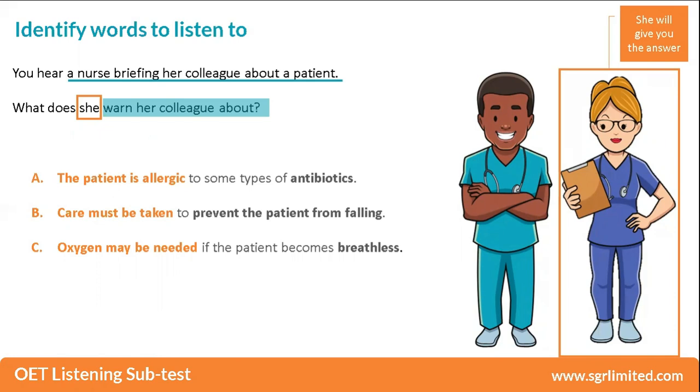Now, in order for letter A to be the correct answer, we must be sure that the allergy is about antibiotics. If you heard on the recording that the patient is allergic to antibiotics, then that answer option would be considered the correct answer.